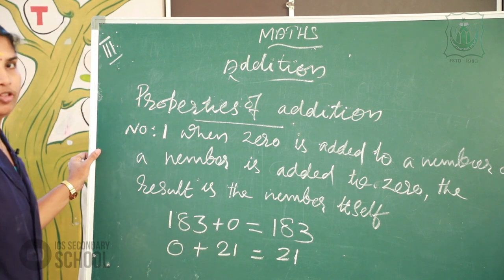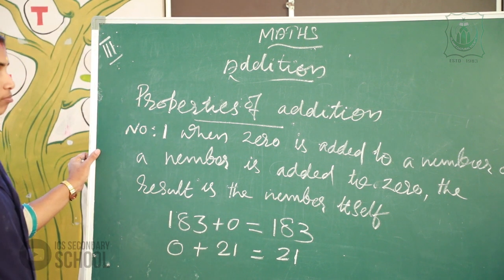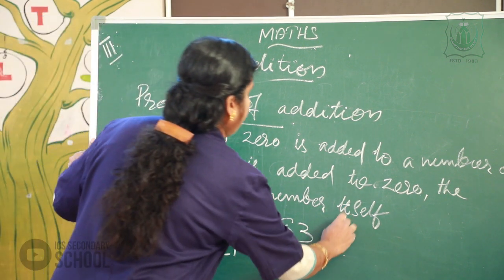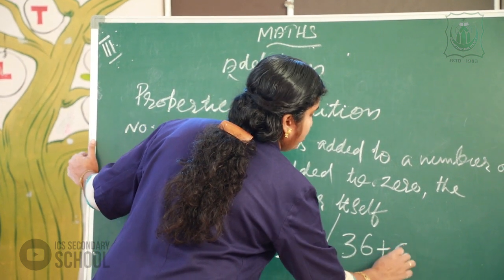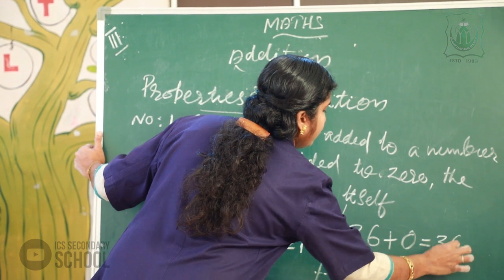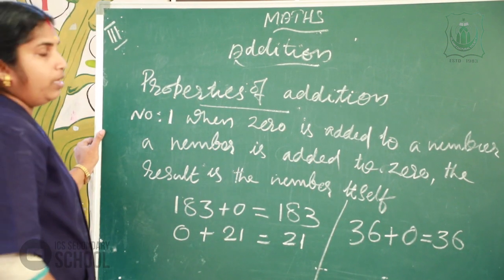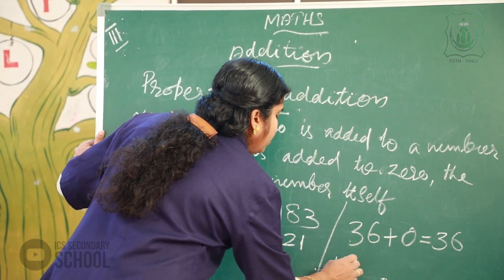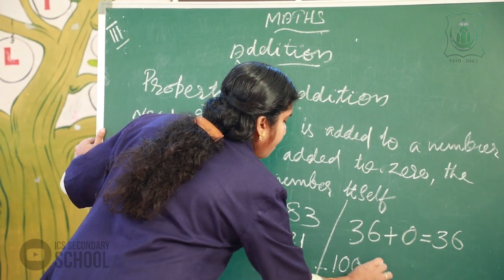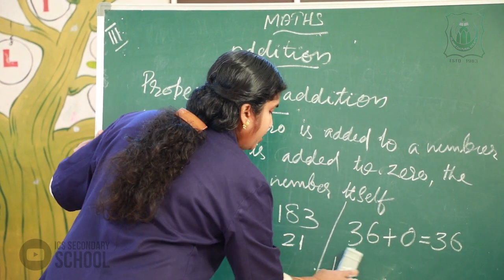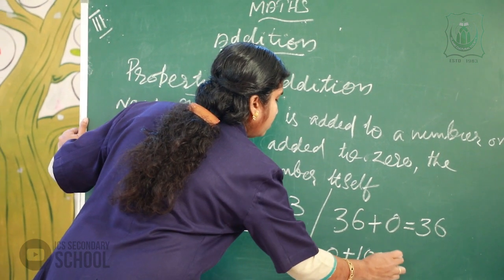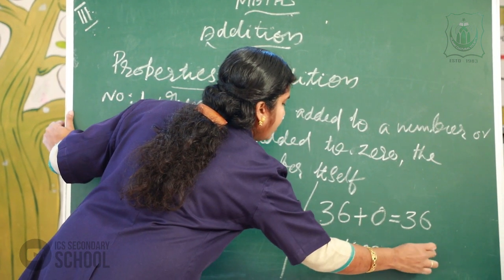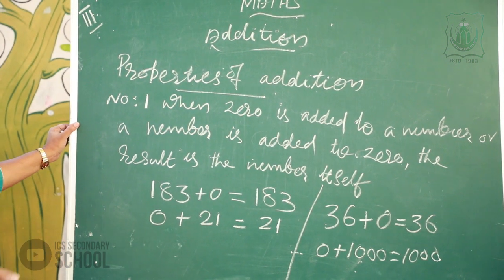Next, 36 plus 0, we get the answer 36. 1000 plus 0, we get the number itself. Okay, please listen.